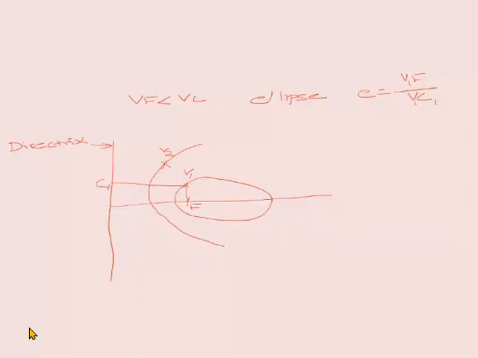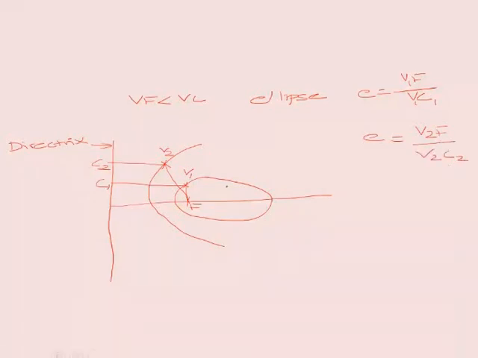I'm going to connect V2 to the focus, and V2 to the directrix, which will intersect at C2. So the eccentricity is V2F divided by V2C2.